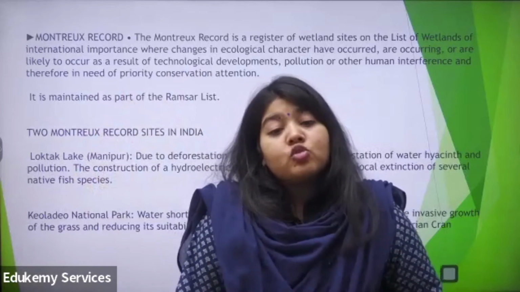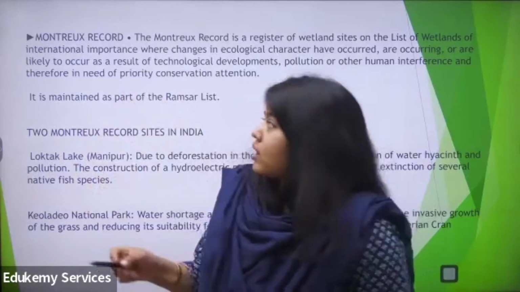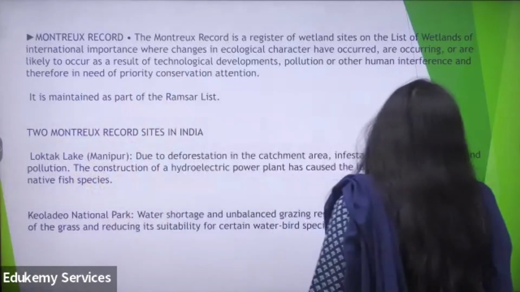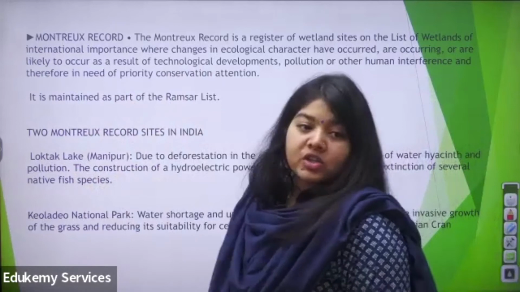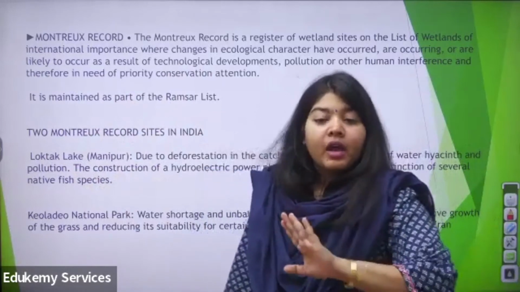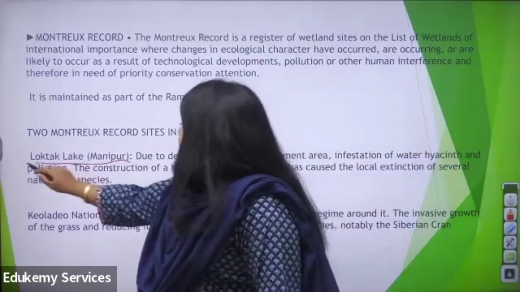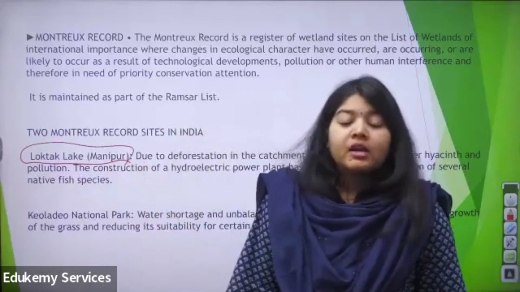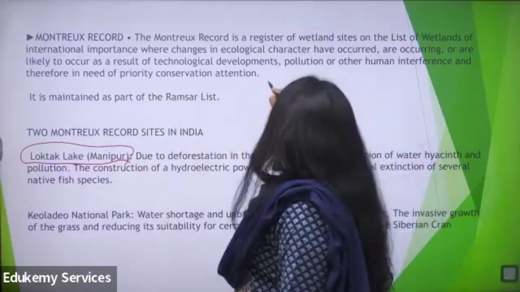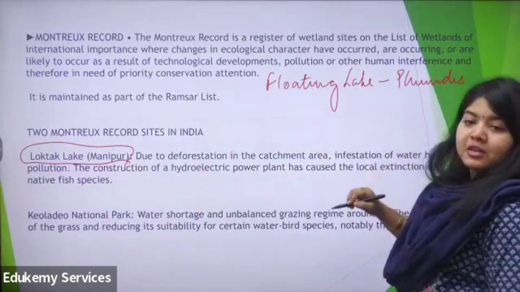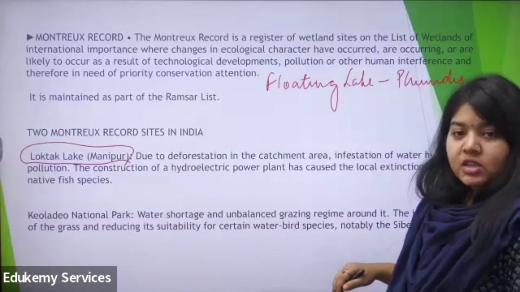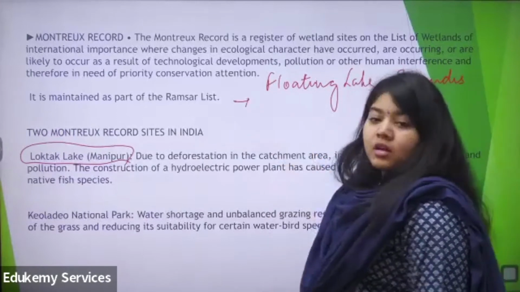What are the main issues of Loktak Lake? Do we know about Loktak Lake of Manipur? It has been asked multiple times in your exam. It is one location which can be asked any day. The examiner absolutely loves the Manipur lake, right? It is the floating lake. Phumdis are the specialized type of vegetation in this region.